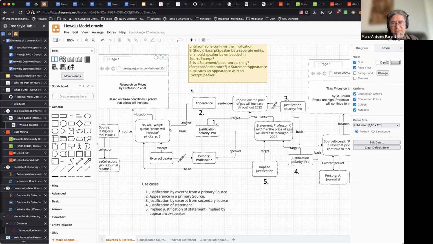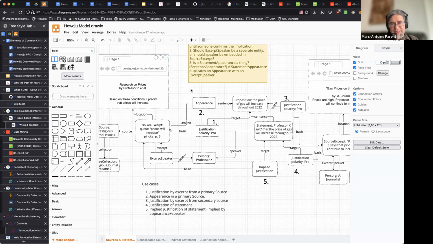What's happening in the justification is somebody is using an appearance, which happens to be an actual assertion and not a hypothetical, to bolster belief in something. I don't see the point of separating it, but I'm not against it.